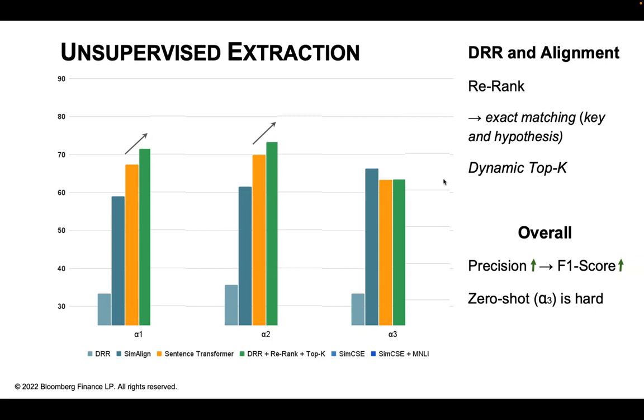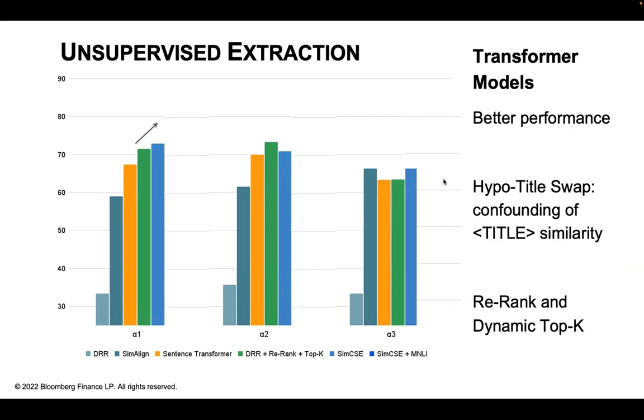We found that if we use re-ranking and dynamic top K, where re-ranking is basically exact matching of the keys and hypothesis used to upscore the premise rows which have similar tokens to the keys, and dynamic top K, instead of predicting top 4 exactly, we predict top 1 or top 2 based on a varying threshold for each hypothesis and premise table. If we use these two techniques, we found that our precision and F1 score further improved.